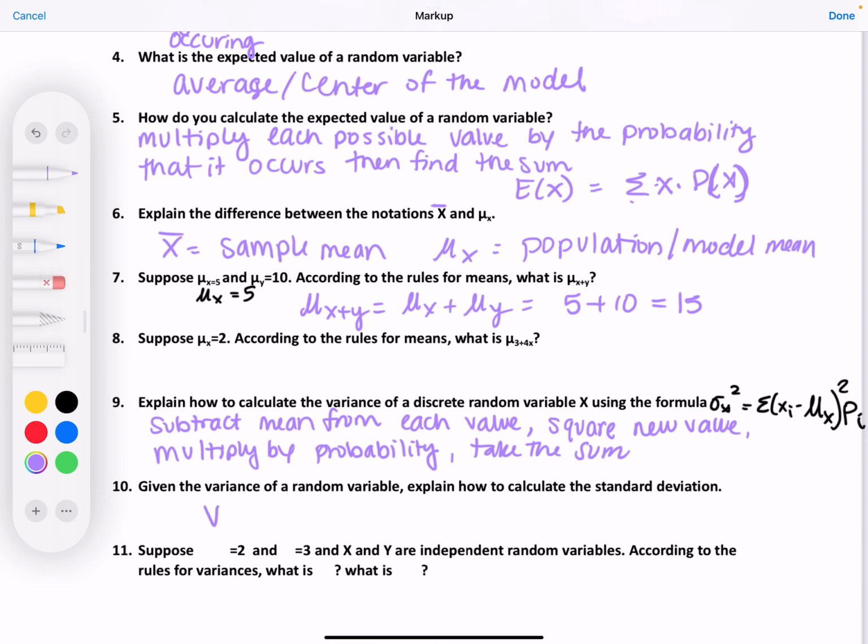Variance is not the square root of standard deviation. I need to put the square on it. Or you can say variance is equal to standard deviation squared.